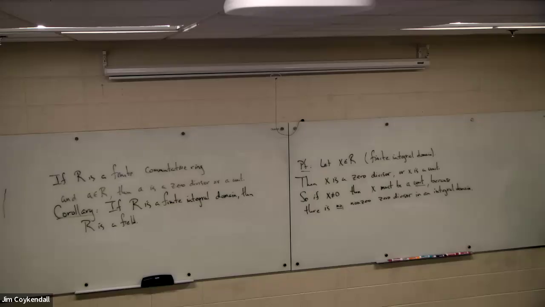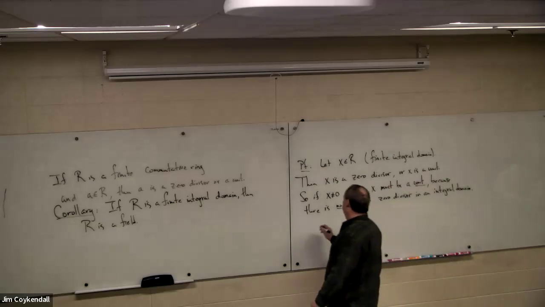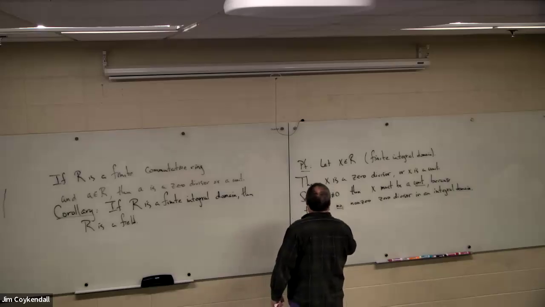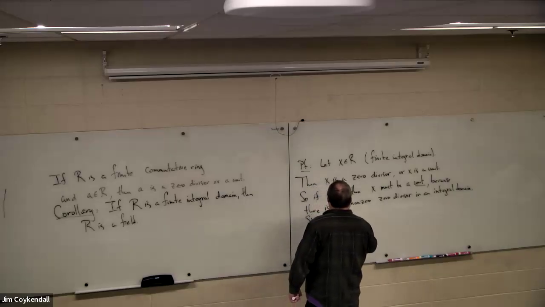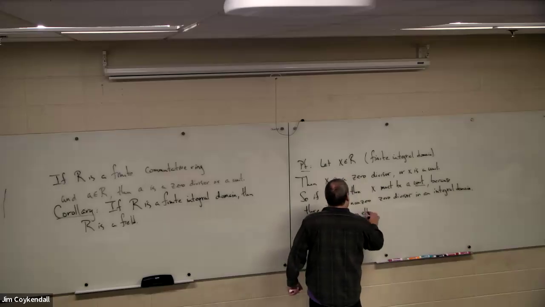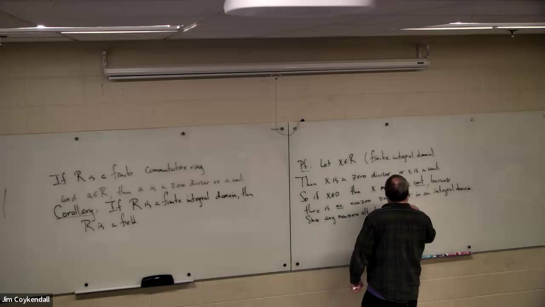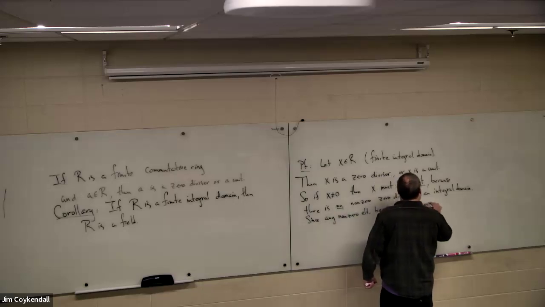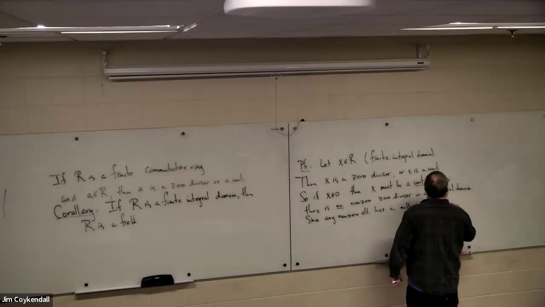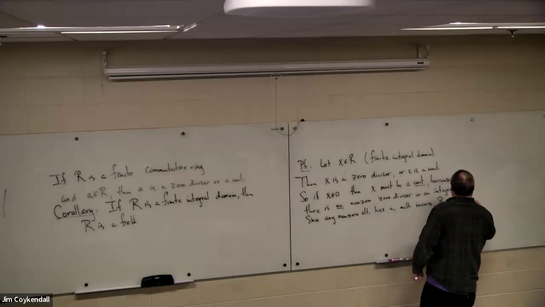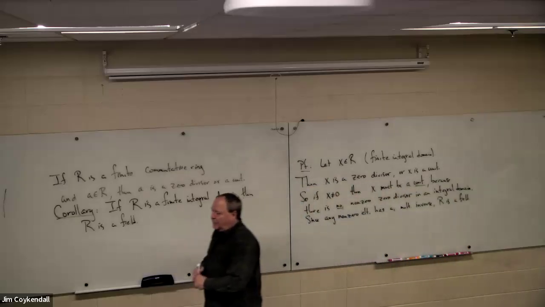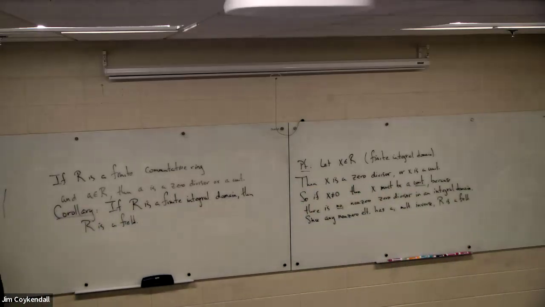We know that R is an integral domain, so there aren't any non-zero zero divisors. So if you have a non-zero element, it has to be a unit, since any non-zero element has a multiplicative inverse in R. So this is a very famous result about finite integral domains.